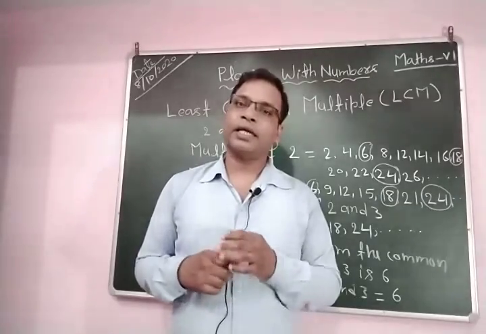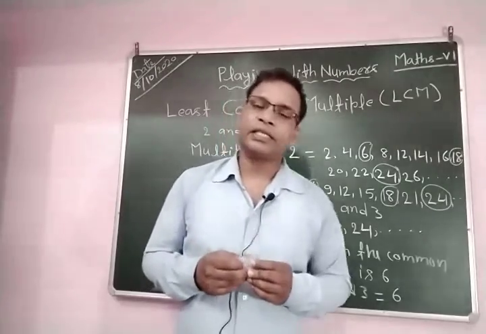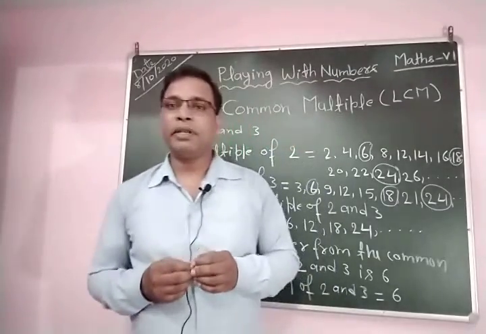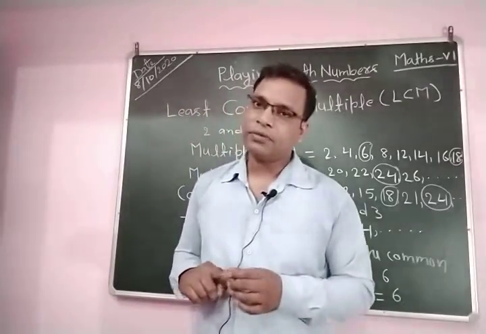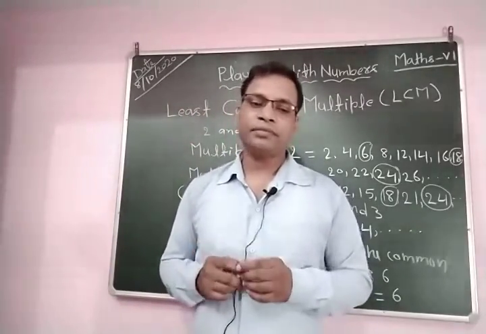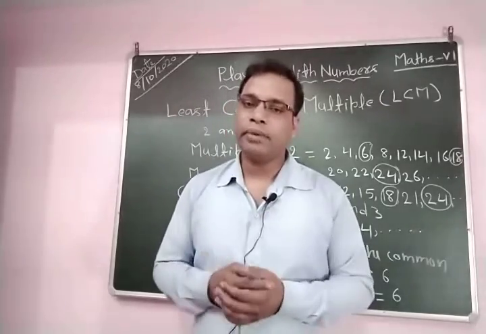Now we will take one more example to explain the least common multiple, or LCM. So in your mind one question arises: what is LCM, or the least common multiple, or you can say the lowest common multiple?